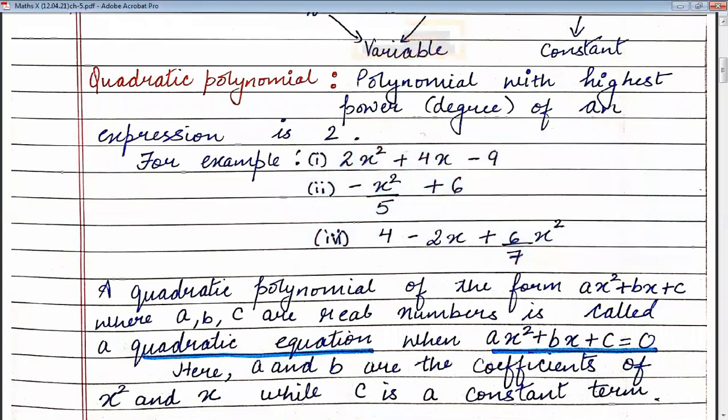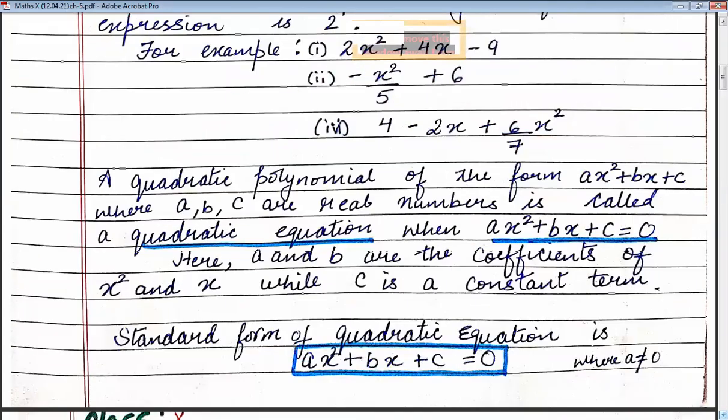Now the next one is the quadratic equation. Children, you now know that a quadratic polynomial is always in the form ax² + bx + c. If this polynomial is equal to 0, then it becomes a quadratic equation.